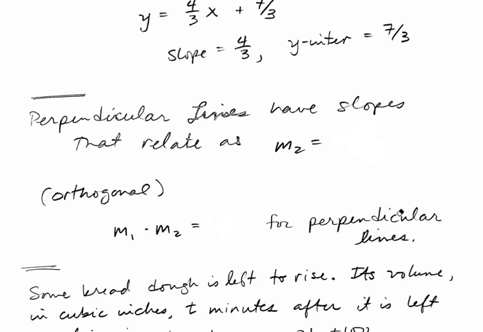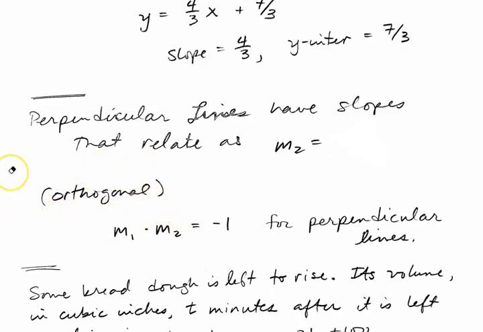All right, and then quickly, perpendicular lines. By definition, two lines are perpendicular when you take their slopes, this is line 1 slope, that's line 2 slope, and you multiply them and you get -1. It's also known as orthogonal. So those lines would be orthogonal to each other.